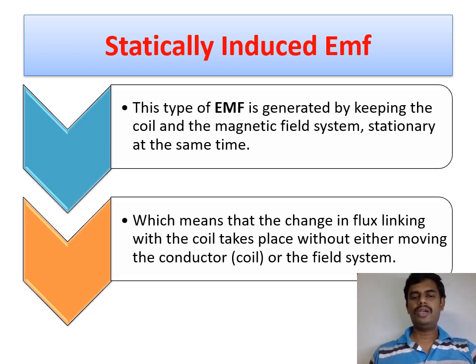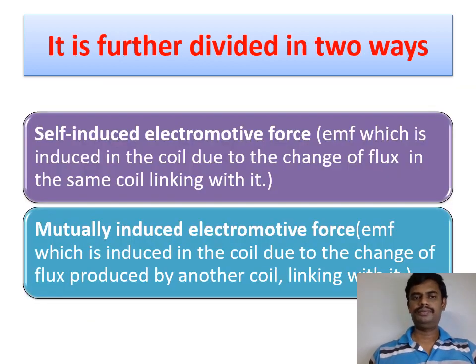Statically induced EMF is generated by keeping both the coil and magnetic field stationary, which means the change in the flux linking with the coil takes place without moving the conductor or the magnetic field. It is subdivided into two types: self-induced EMF and mutually induced EMF.